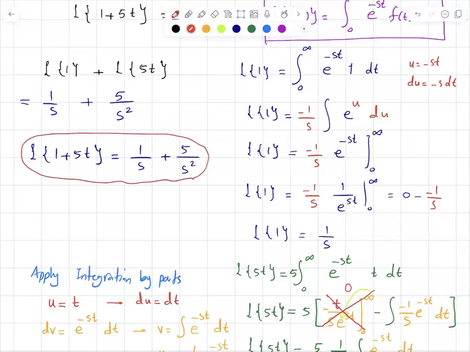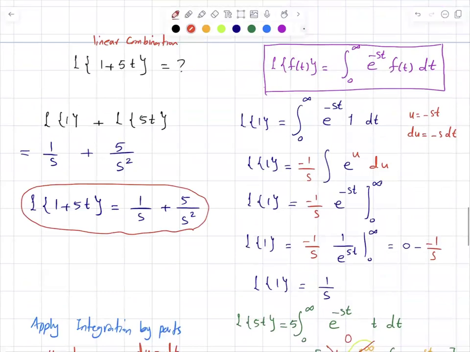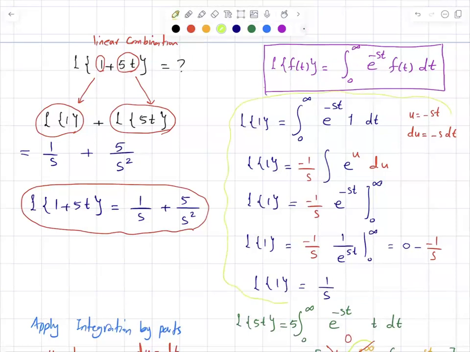So again, because of the linear combination between 1 and 5t, I can separate this and calculate the Laplace transformation of 1, and then calculate the Laplace transformation of 5t, and then add them together. For the Laplace transformation of 1, we are basically following the definition of the Laplace transformation: the improper integral from 0 to infinity of e to the power negative st times f of t, but f of t in this case is just 1.